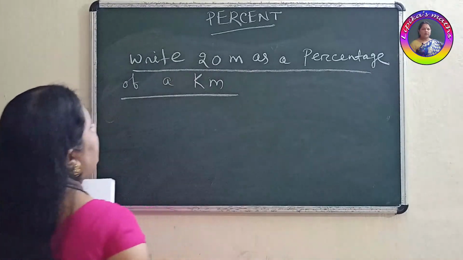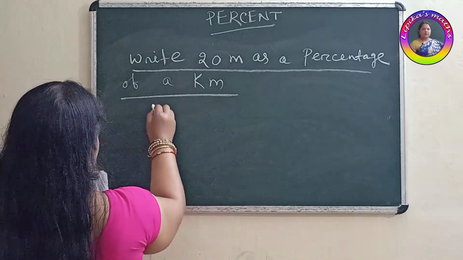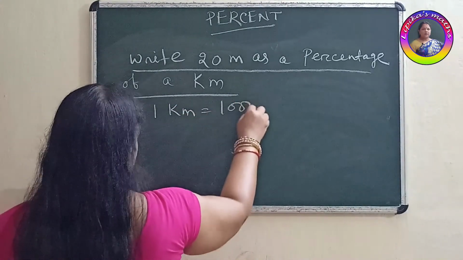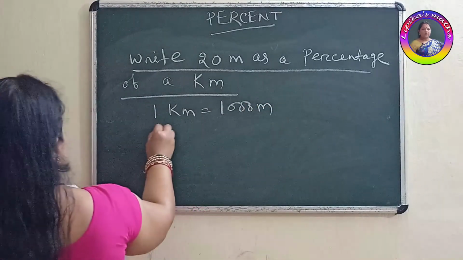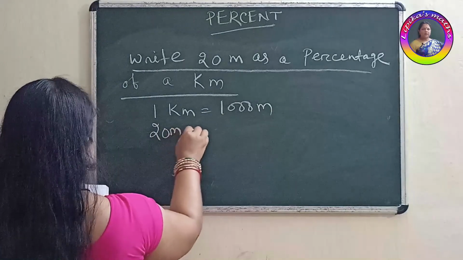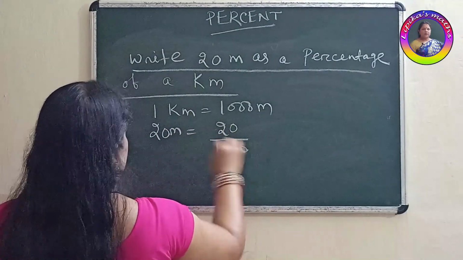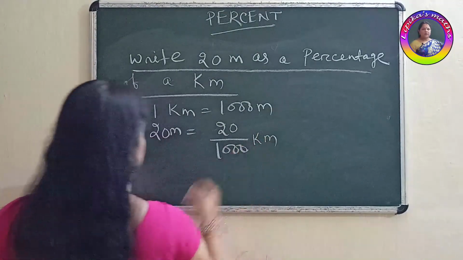Write 20 meter as a percentage of a kilometer. As you know, 1 kilometer equals 1000 meter. Yes or no? So 20 meter equals 20 by 1000 of a kilometer.